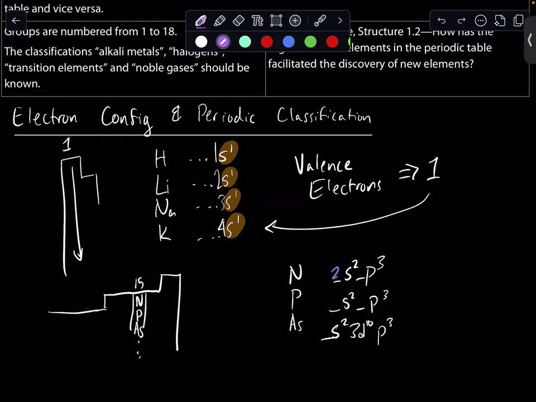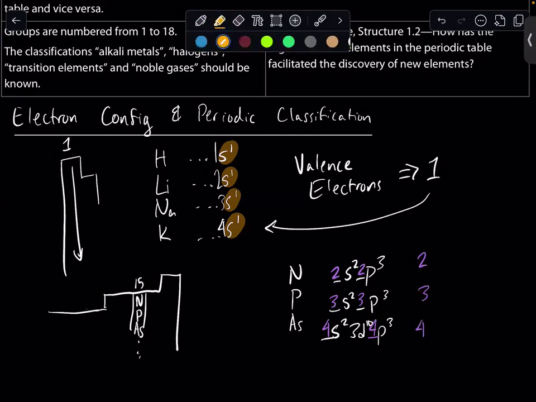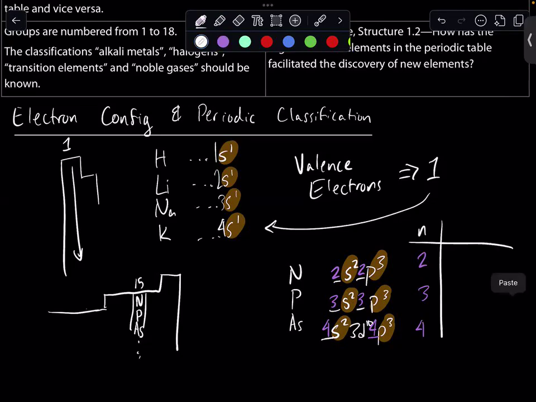Now, when we look at their energy levels, nitrogen is going to be 2 and 2. Phosphorus is going to be 3 and 3. Arsenic is going to be 4 and 4. So looking at the highest energy level for nitrogen, it's 2. For phosphorus, it's 3. For arsenic, it's 4. And then looking at these orbitals from the sublevels with the highest energy levels, we can find that if we make ourselves a little chart here, valence electrons, for nitrogen n equals 2, we have 5.